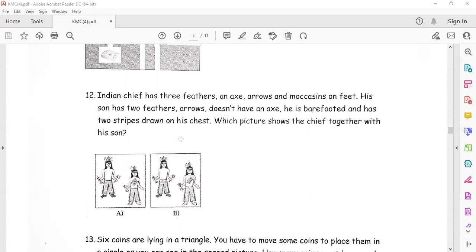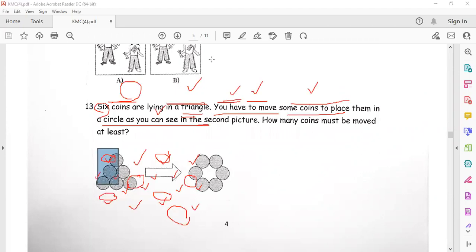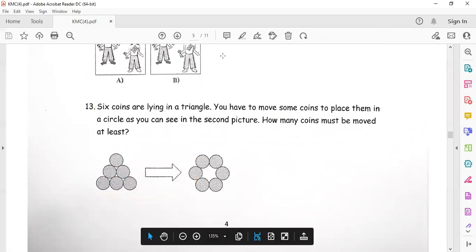Let's move on to question number 13. Now, 6 coins are lying in a triangle like this. Okay, this is the shape of a triangle. Oops, I'm sorry. Clear the drawing. All right, the shape of the triangle is here.